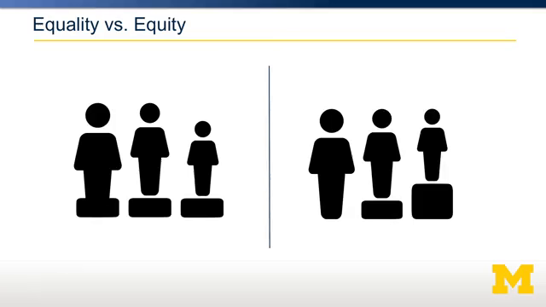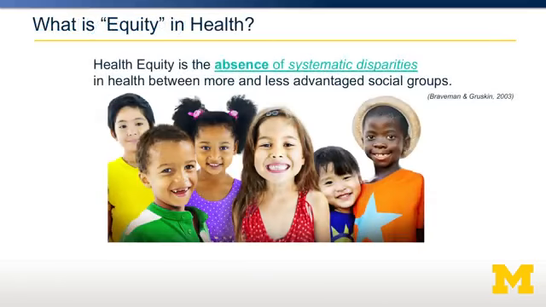However, this does not translate into equity when there are differential needs across people of varying heights. The example on the right shows that we must provide boxes of different heights to achieve equity when differences exist. Health equity, then, is the absence of systematic disparities in health between more and less advantaged social groups.